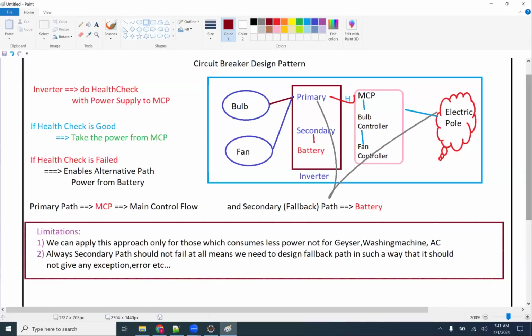And the alternate path, I will create my alternate path. It's my design. The fallback path is my design. But conditions apply. Whatever design you take for the fallback path, it should never fail. That is the design you should take.